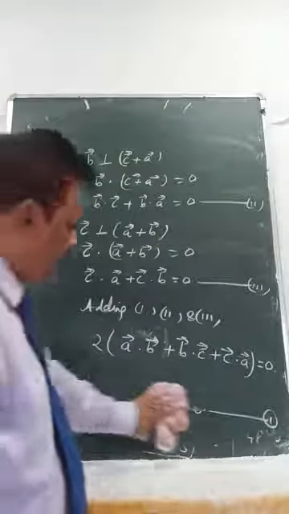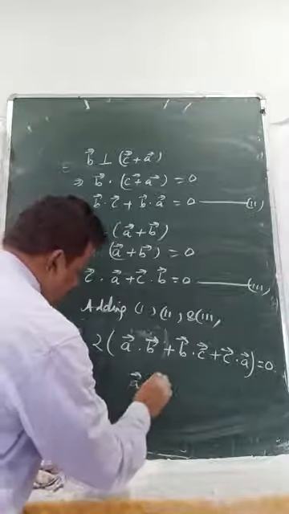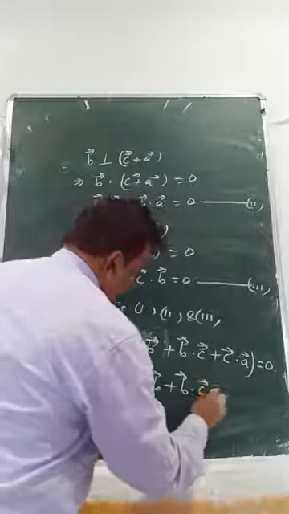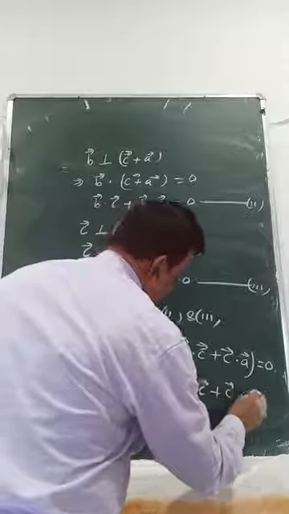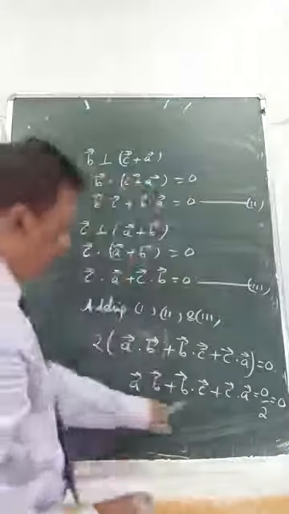If I divide by 2, A dot B plus B dot C plus C dot A equals 0 by 2, that is 0. This is what you got.